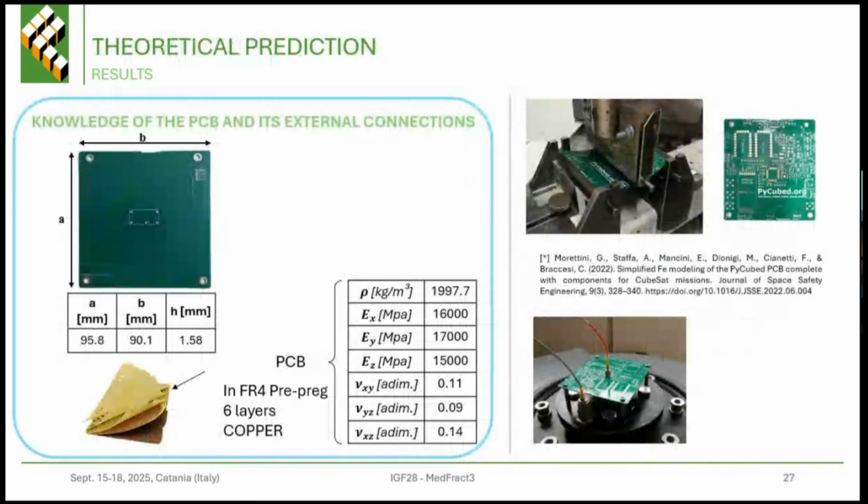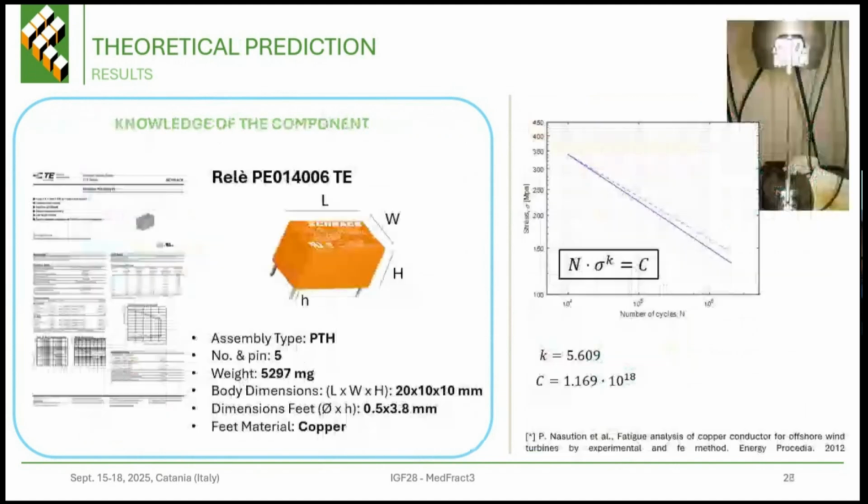And so now, how can we predict this? We have the input, so we have the knowledge of the PCB because we have also done some previous tests on that. So we know the PCB, we know the component, and all these parameters that come from its data sheet, and we know the Wheeler curve of the material of the fit.